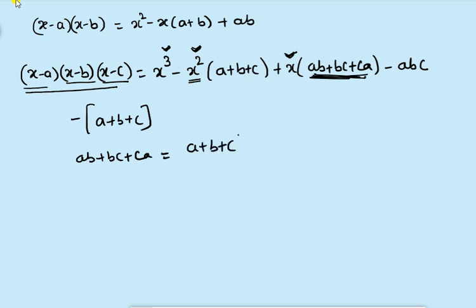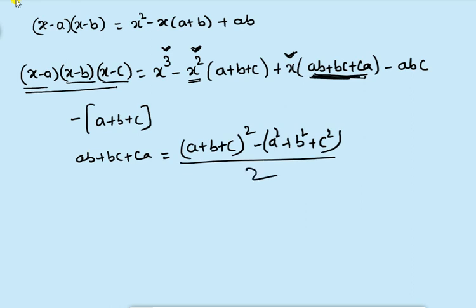How to find this? It is nothing but (a plus b plus c) whole square minus (a square plus b square plus c square), divided by 2, because ab plus bc plus ca is nothing but that. So with this basic idea, I want to discuss one question.